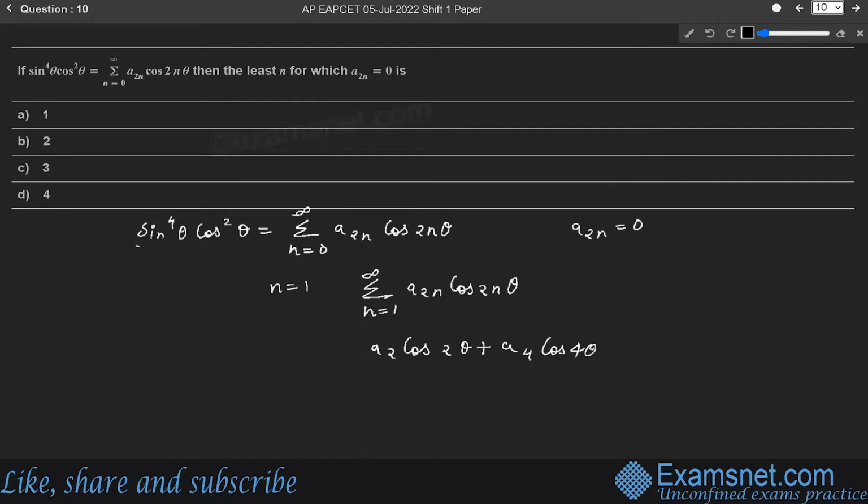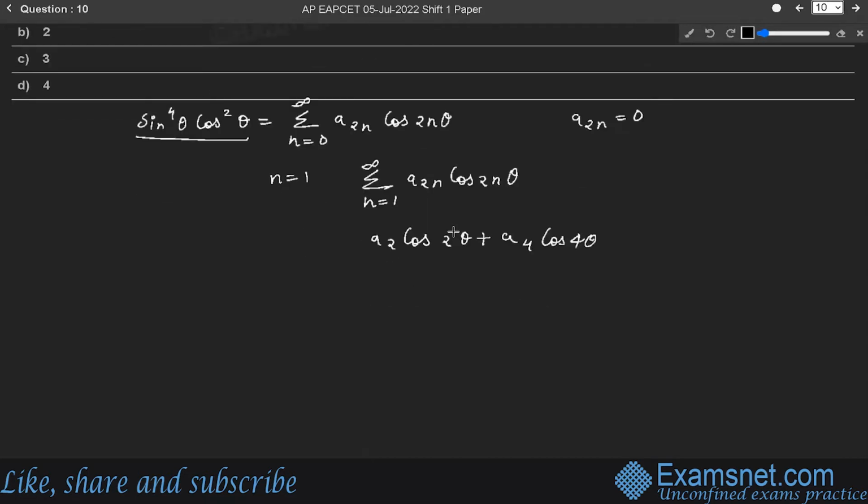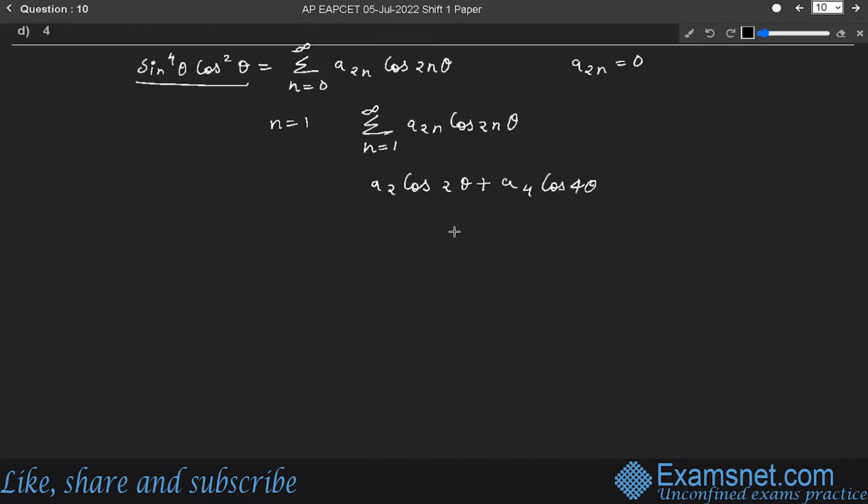Now, solving the left hand side, which is sin⁴θ cos²θ. Sin⁴θ can be written as (sin²θ)² and cos²θ can be written as (1 plus cos 2θ) divided by 2.